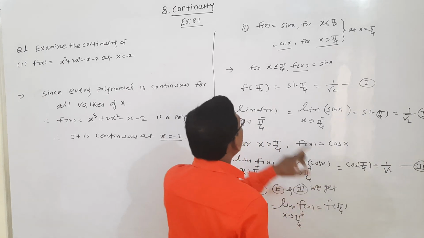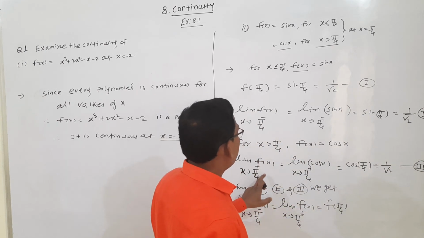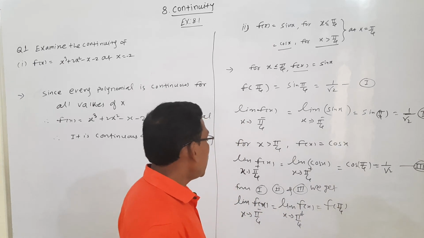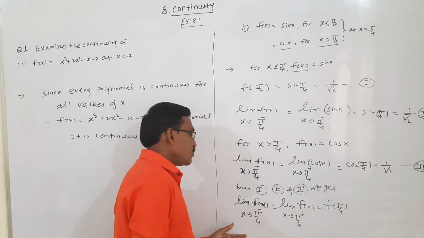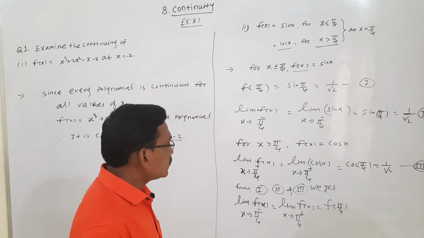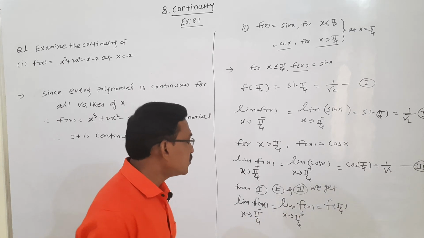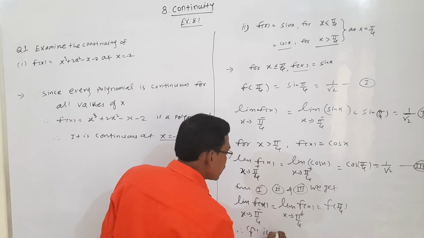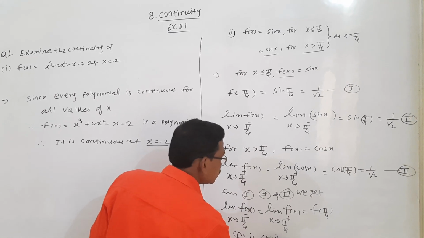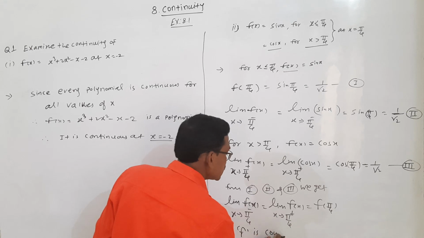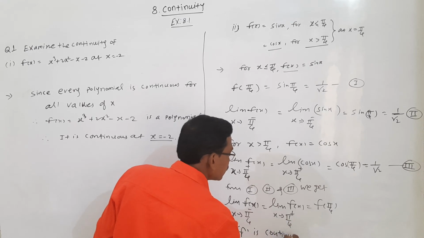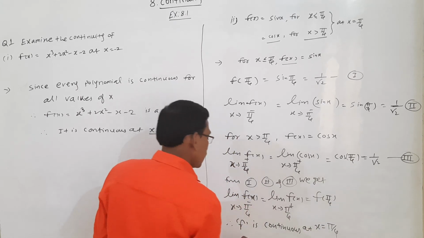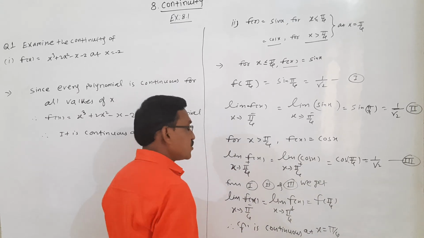So these are equal, and hence we show that the given function is continuous. Therefore f is continuous at x equal to pi by 4.